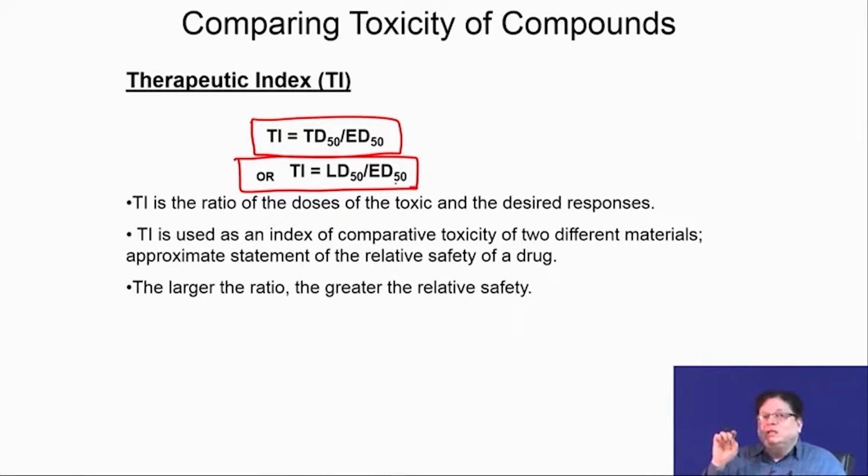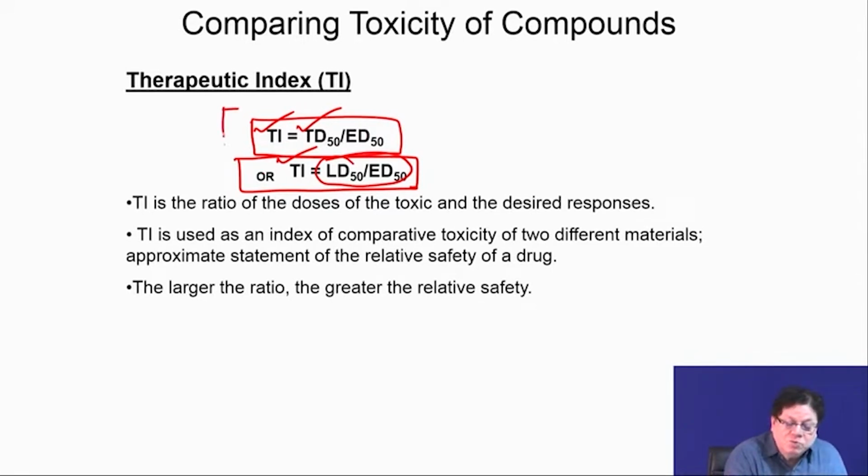So, you see what dose is required to have toxicity in 50% of the population that you have taken and are studying. So, TD50 by ED50 is called the therapeutic index, and also LD50 by ED50. LD50 by ED50 is usually done for animals, because you can sacrifice animals, but for humans it is usually TD50 by ED50.